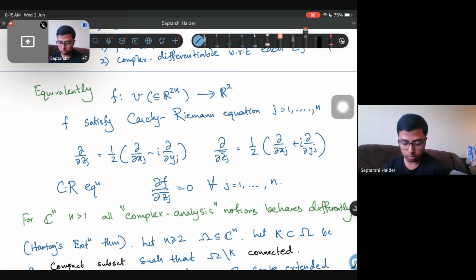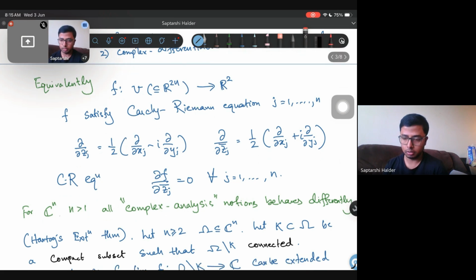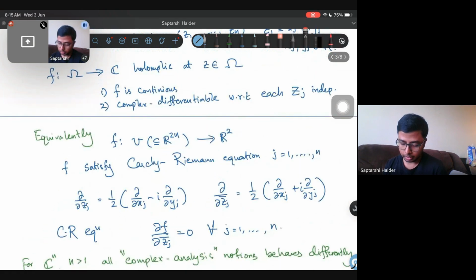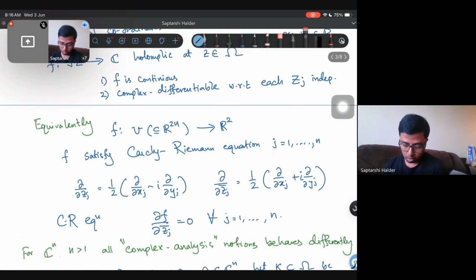Now the Cauchy-Riemann equation tells you that the function should satisfy ∂f/∂z̄j equal to 0, for all j equal to 1 up to n. This is the thing we want to focus on. This is what we say holomorphicity means.